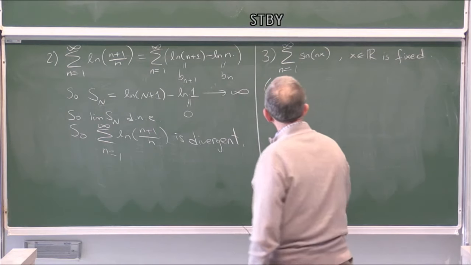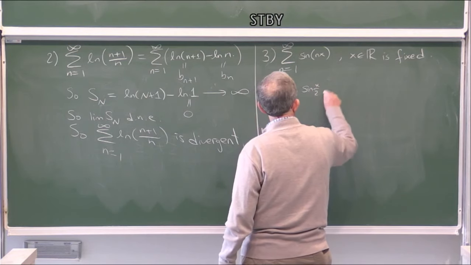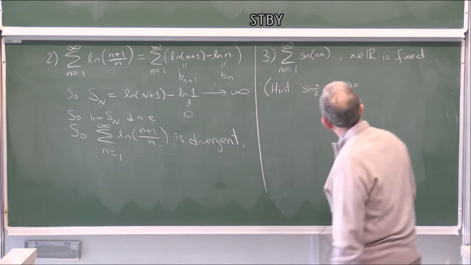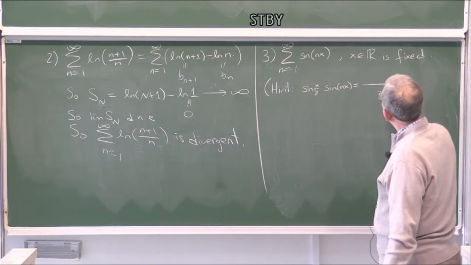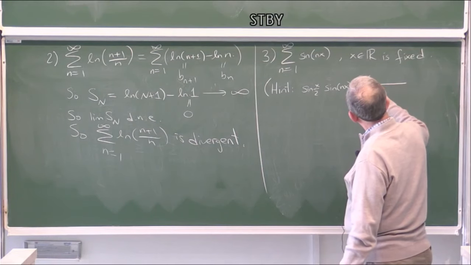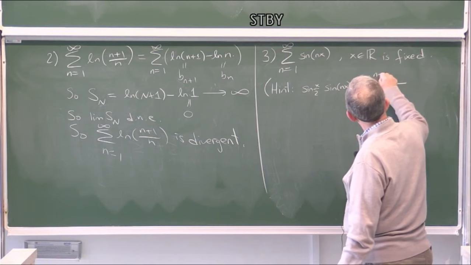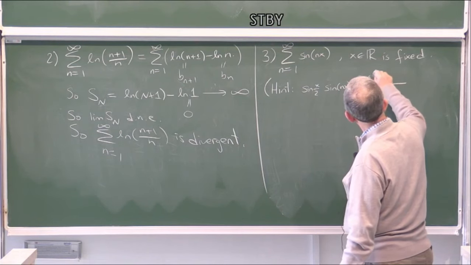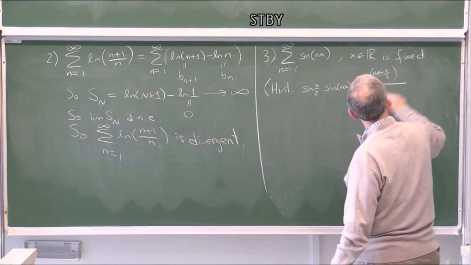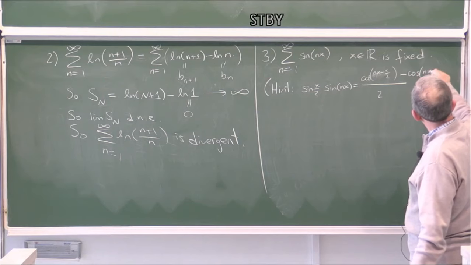So, okay, consider sine x over 2 times sine nx. This happens to be 1/2 of cosine A minus B, that is nx minus x over 2, minus cosine of A plus B.